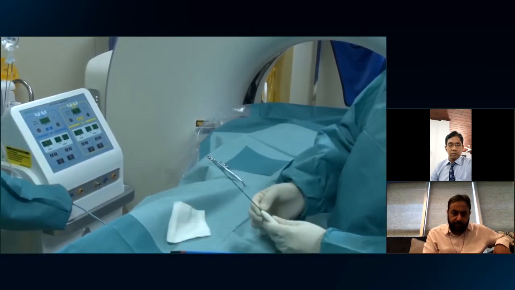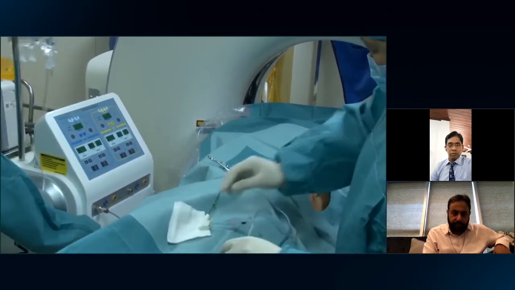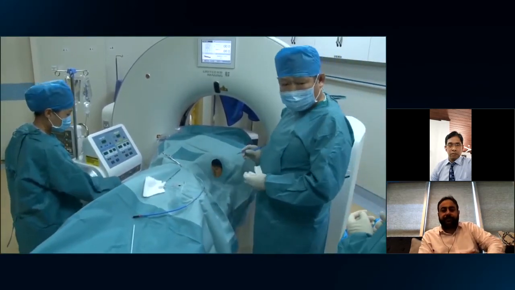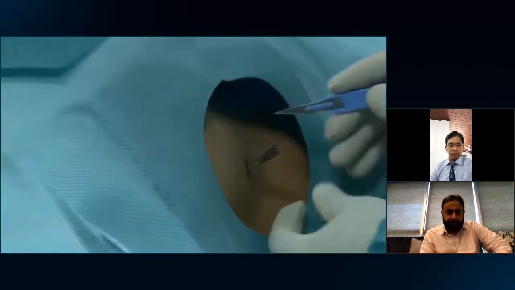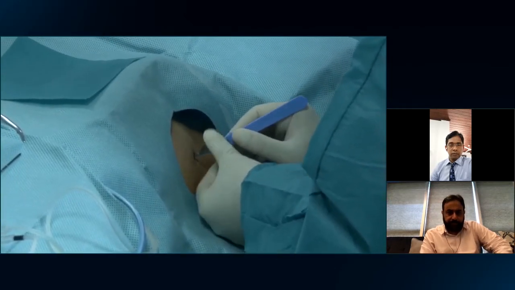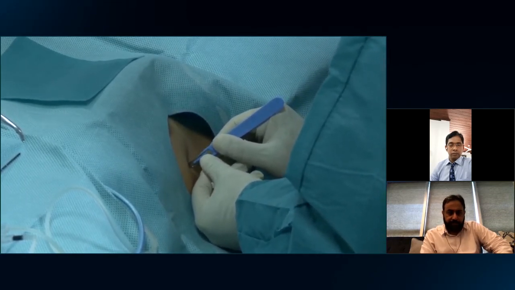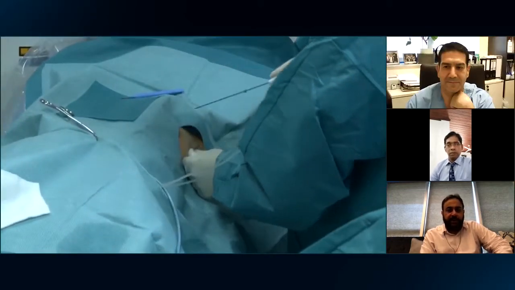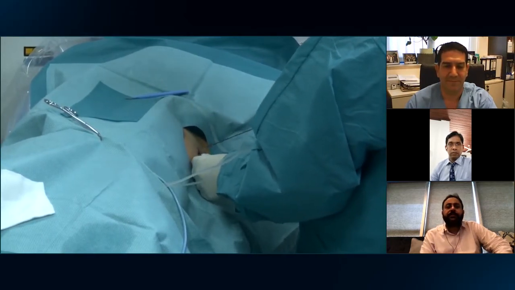It is 18 gauge, and the ablation zone is around 3 centimeters. So you are going for an A0 ablation with a 10 millimeter margin around the lesion.